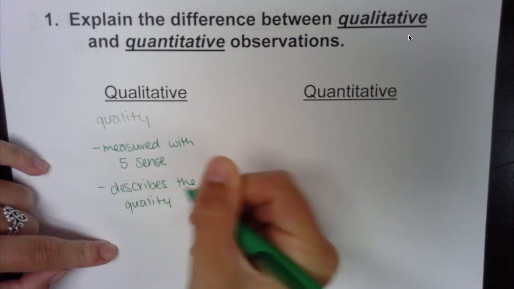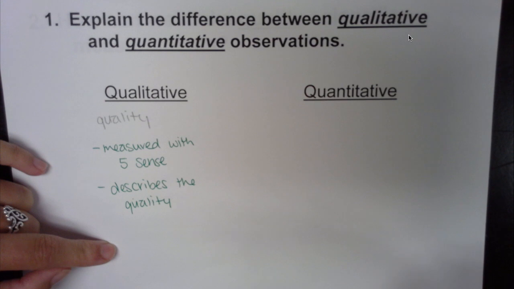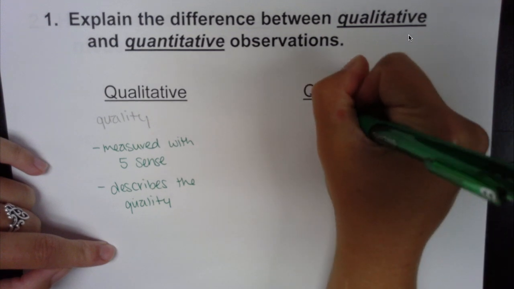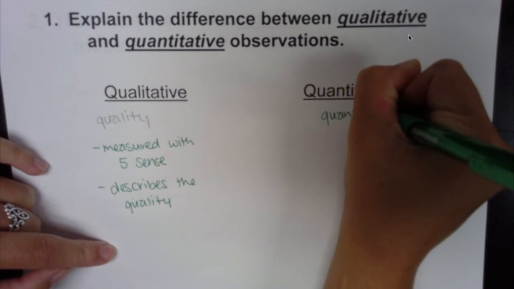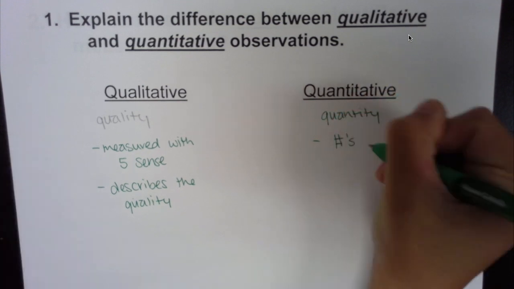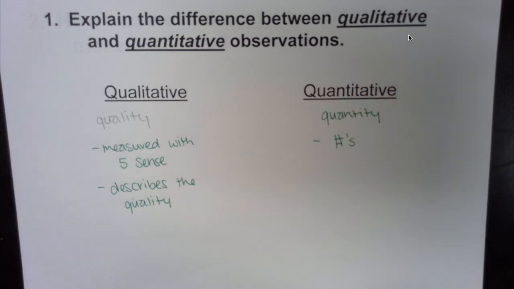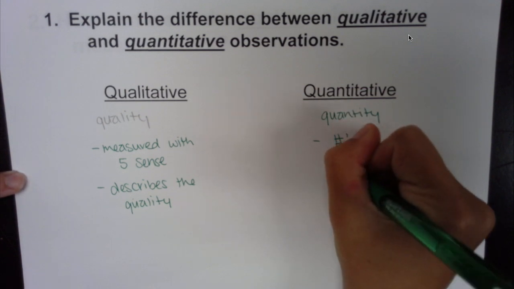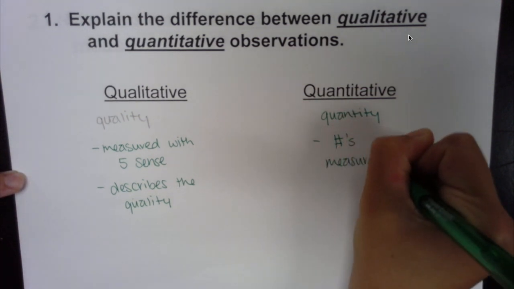Okay, so we want to get a kind of an equal spread of both qualitative and quantitative measurements. Quantitative, like quantity, revolves around numbers. Okay? So if you have 5 of something, 5 Alka-Seltzer tablets, okay? It all revolves around measurements that use numbers.